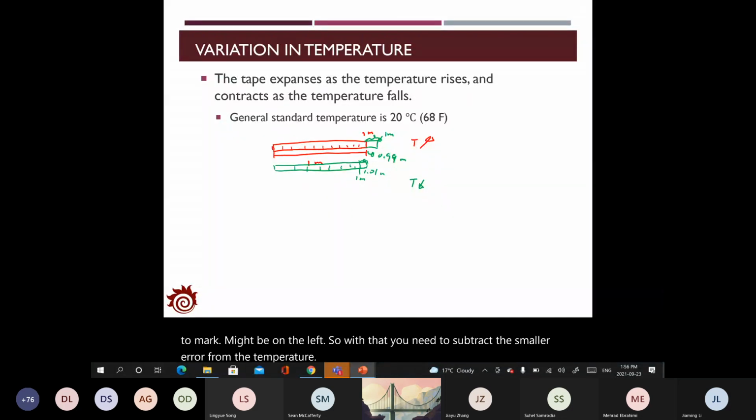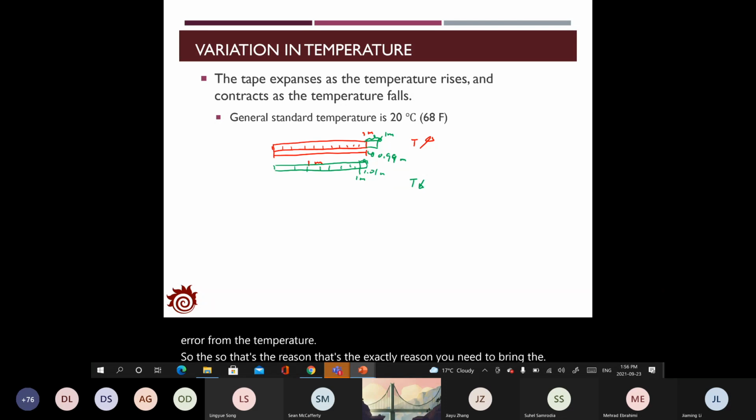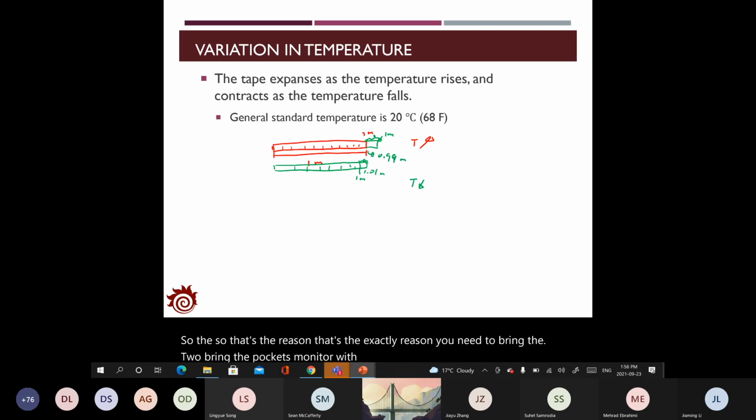That's the exact reason you need to bring a pocket thermometer with you to do the experiment, and usually you need to record the temperature on that day. And you can find out the standard temperature, which is the temperature at which the tape is calibrated.